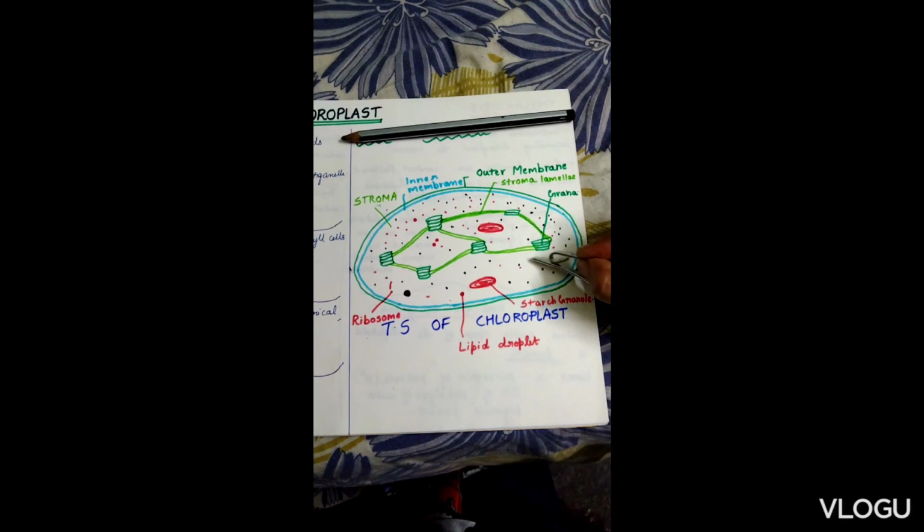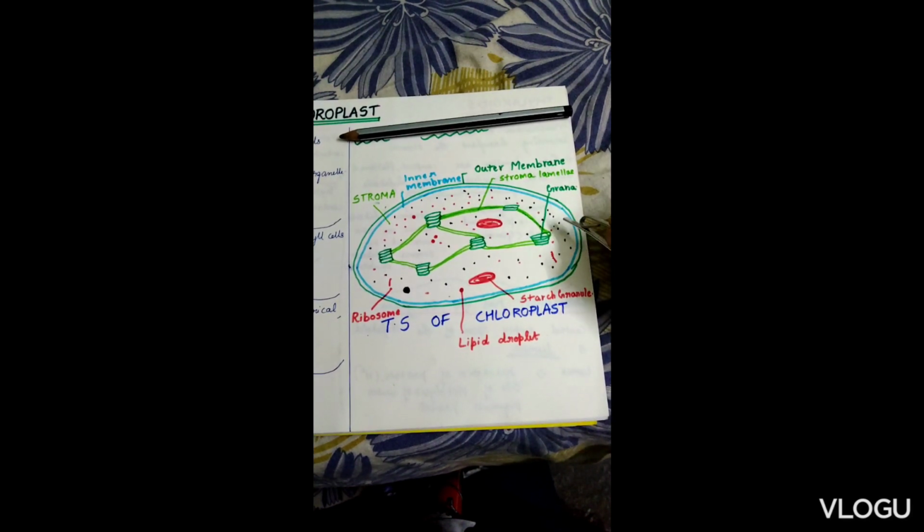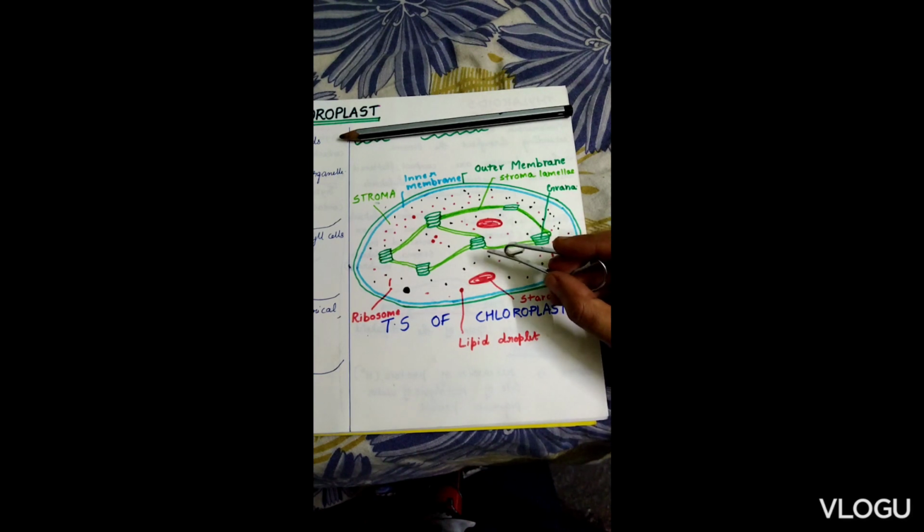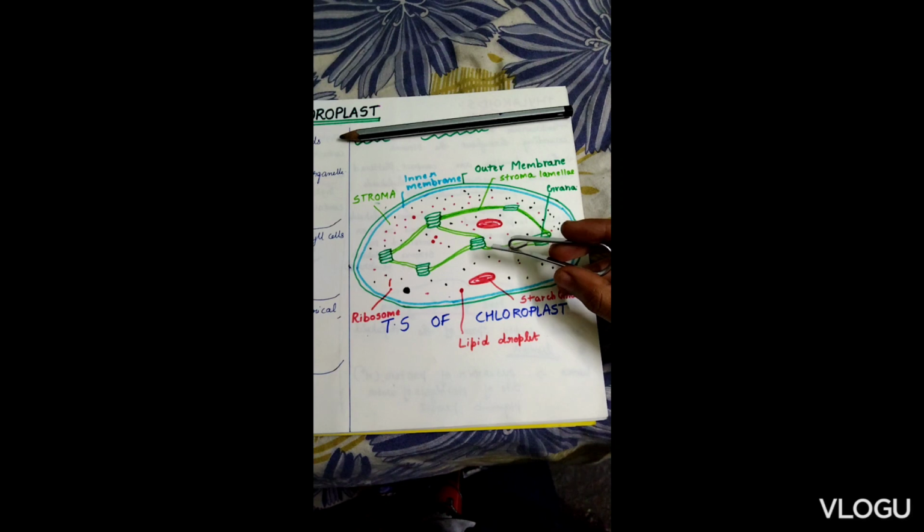A group of coins is called grana. Each coin is called a thylakoid, which you will see in the ultrastructure. When you learn ultrastructure, I will show you what is thylakoid. You can see many grana present in the chloroplast.